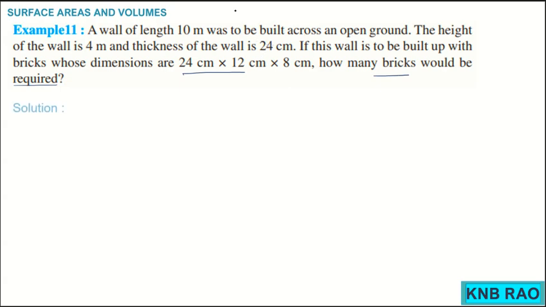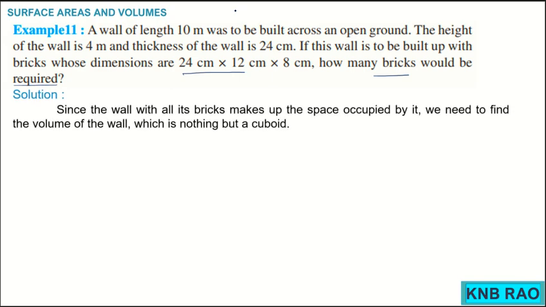So, coming to the solution, children, try to understand here. The wall with all the bricks makes the space occupied by the wall. That means we need to find the volume of the wall, which is nothing but a cuboid with these measures of length, breadth, and height.